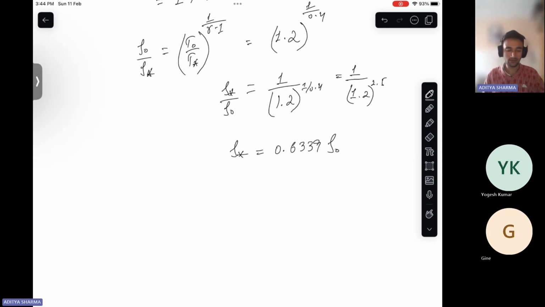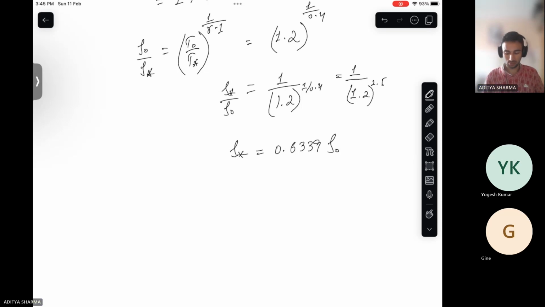Because we have to find the percentage, we'll take three digits after the decimal. So this has reduced to this from rho naught.